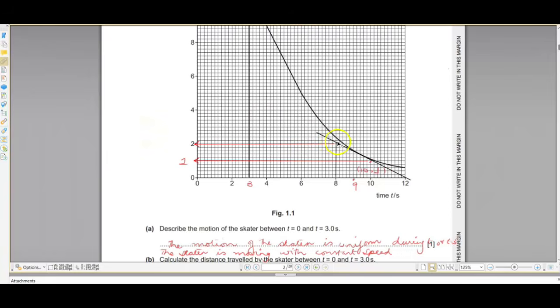Actually it's not 2. It has to be over here. Okay? 8 and that line coincides. It is a little above 2. It's not exactly 2.